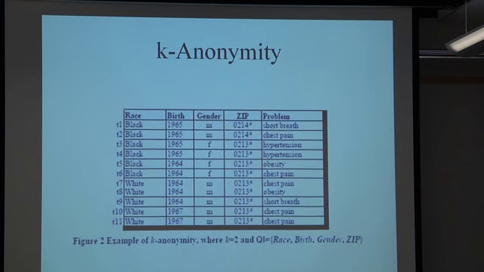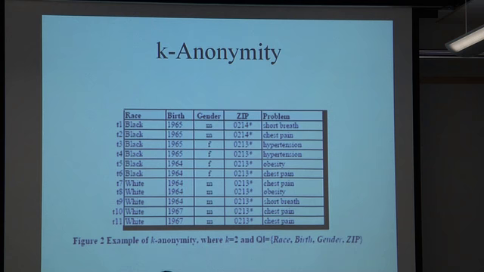Now, this is effectively a form of what is known as k-anonymity. The idea here is that we have certain demographic characteristics which are known to the adversary. What we do is generalize or suppress these characteristics to create equivalence classes of size at least k, so that the adversary cannot distinguish between the records in each equivalence class.